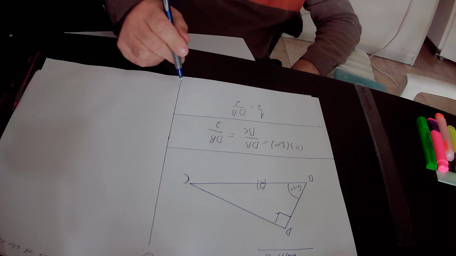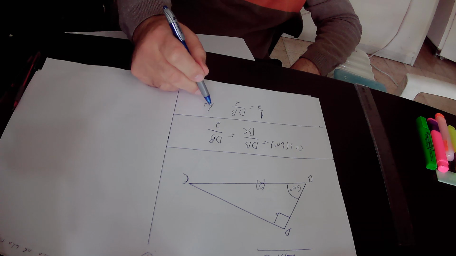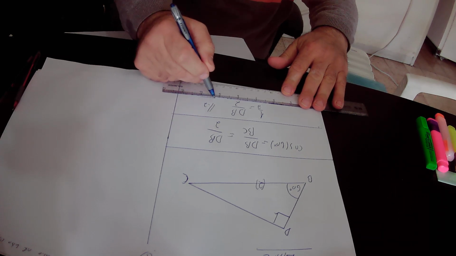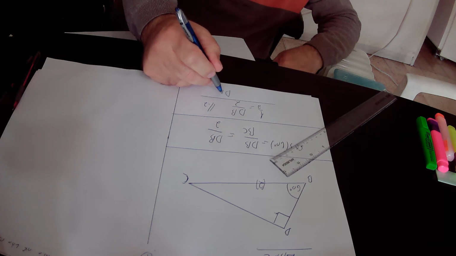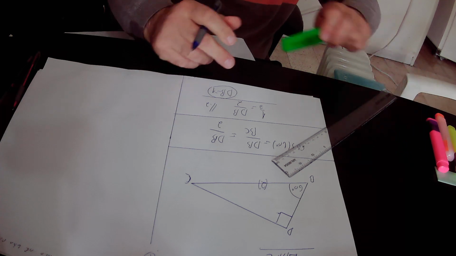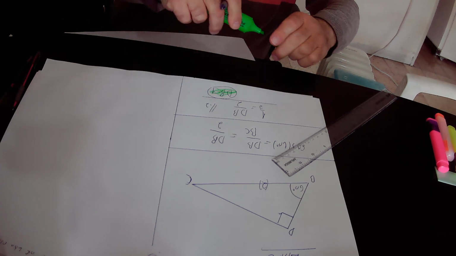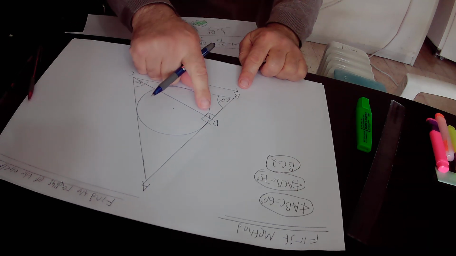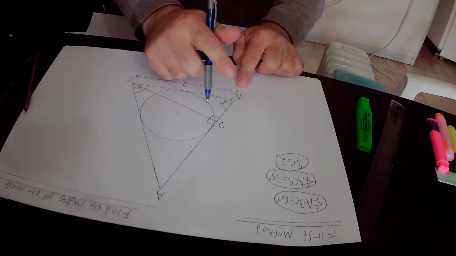Here we multiply this equation by 2, and finally we get that DB equals 1 unit in its length. So this segment DB equals 1 unit in its length.